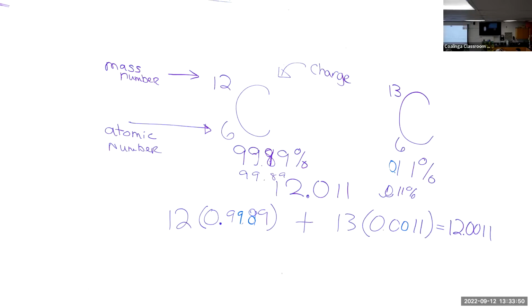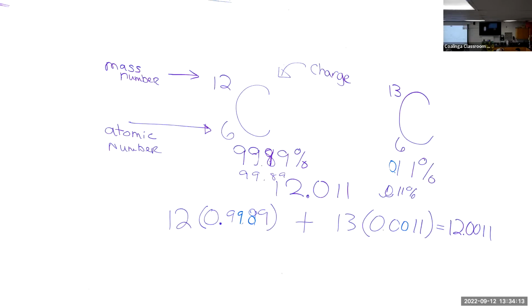Now, the difference between isotopes is the weight. What does the atomic number represent again? It defines the atom, but it represents the number of protons. On your periodic table, your atomic number is listed at the very top.